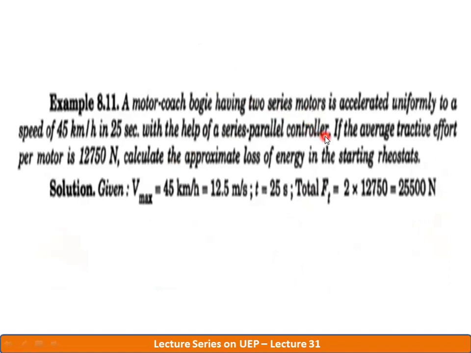If the average tractive effort per motor is 12,750 Newton, calculate the approximate loss of energy in the starting rheostat. The maximum speed attained by the train is 45 km per hour. It's converted into meters per second, 12.5 meter per second, where t is 25 seconds. Total Ft is, two motors are there, so 2 into 12,750, so 25,500 Newton.